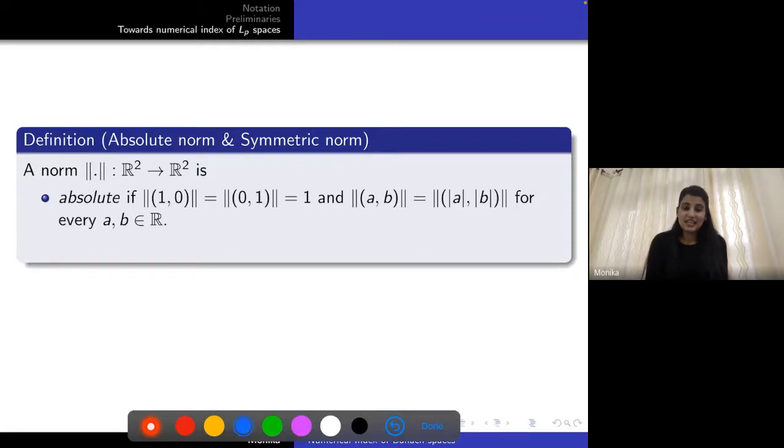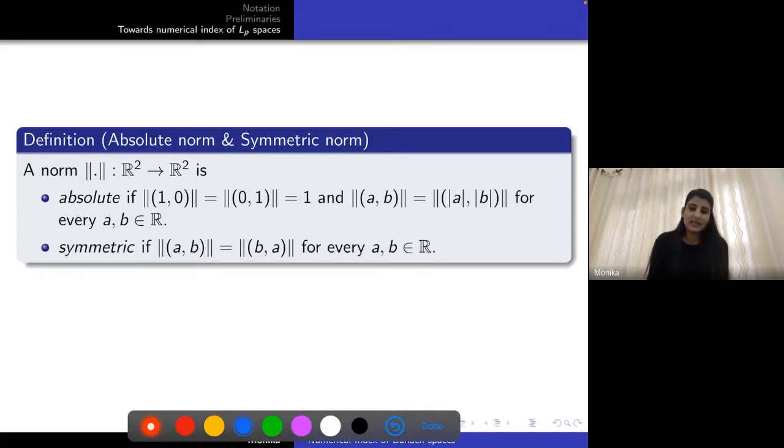And we will say that this norm is symmetric if the norm of (a, b) is the same as the norm of (b, a). The most important example of an absolute and symmetric norm is our L_p norm on R^2.